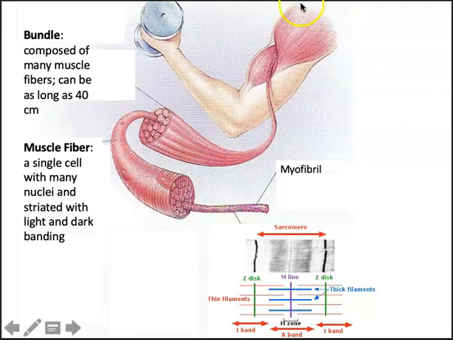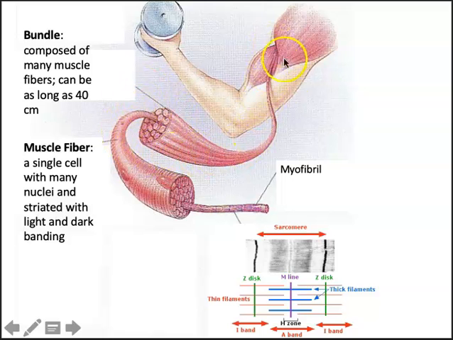So each muscle itself, like your biceps or your quadriceps muscle, is composed of bundles of muscle fibers. If we zoom in on one of these bundles, we would see that each has many muscle fibers.